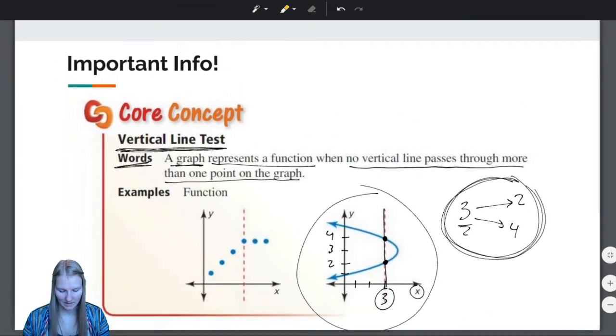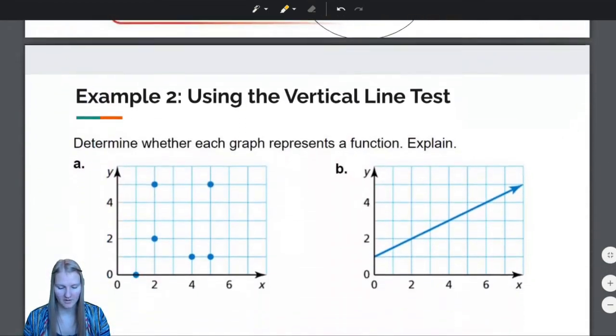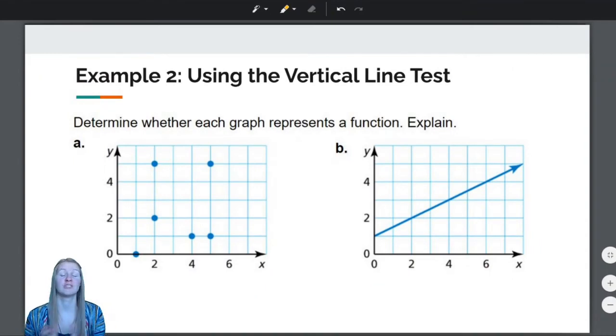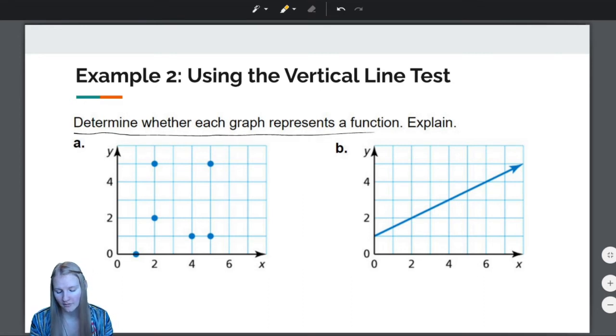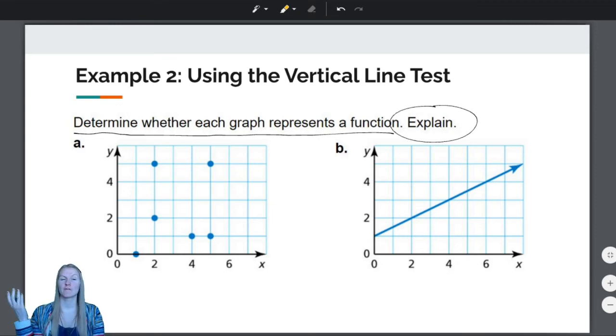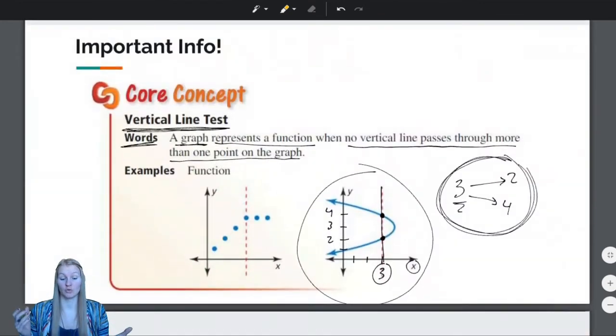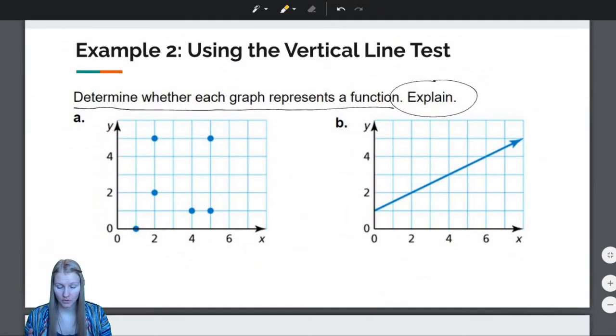Okay, let's move on to our next example using the vertical line test. So, we want to determine whether each graph represents a function and explain. Well, how do I know if a graph represents a function? I use the vertical line test.